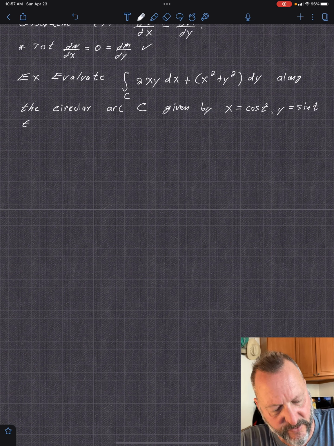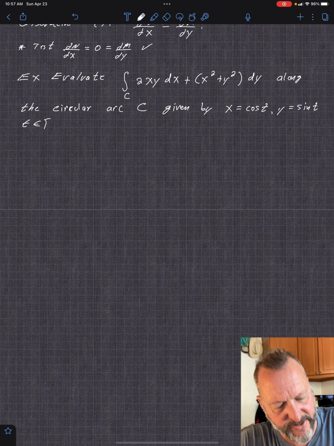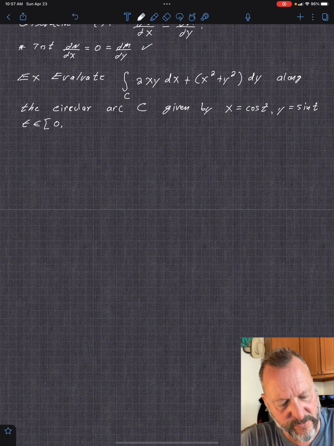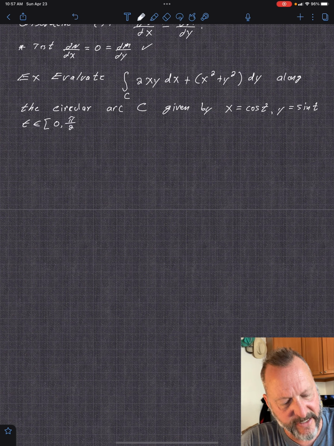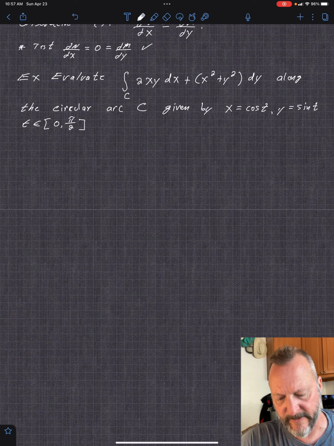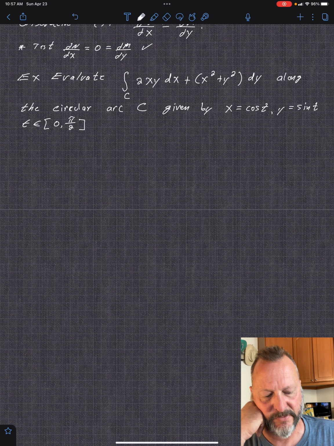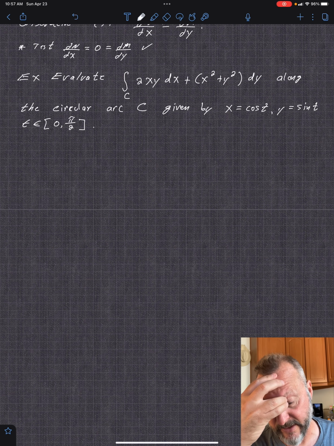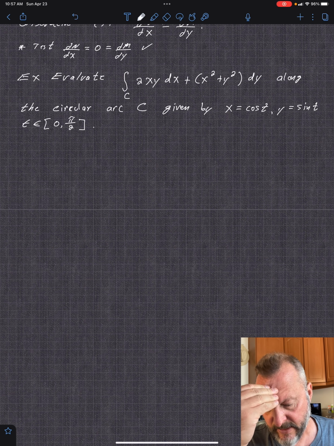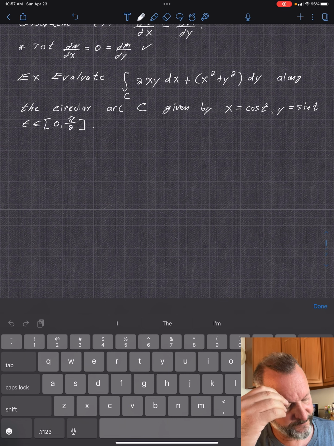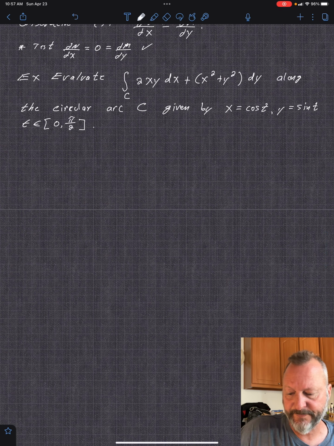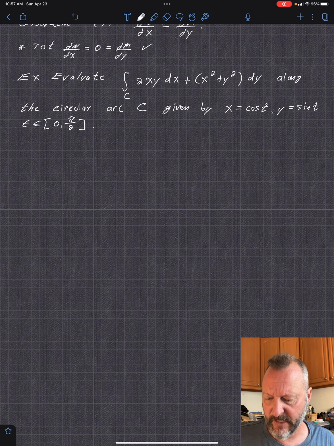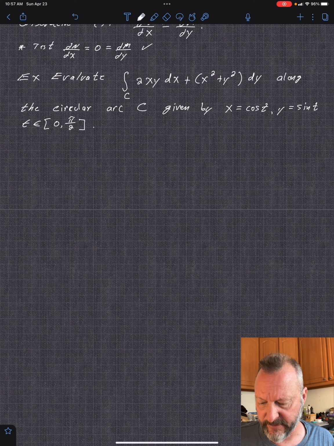And this is for t between 0 and pi halves. So we can calculate what that arc is, but we don't necessarily need it. So going back to our calculation formula, we want to take a look at this.